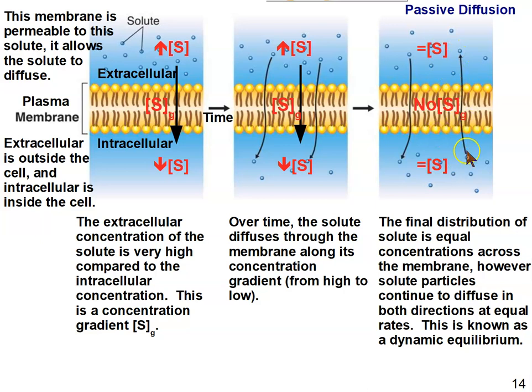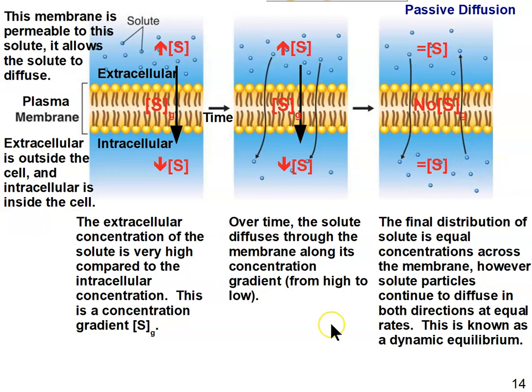However, the particles still diffuse across the membrane in both directions at the same rate, but there's no net diffusion. There's no one-direction change in concentration across the membrane over time. It stays the same because the same number of particles that diffuse in also diffuse out. So there's no net change. But we call this a dynamic equilibrium. Dynamic means that things still move, but there is no change.